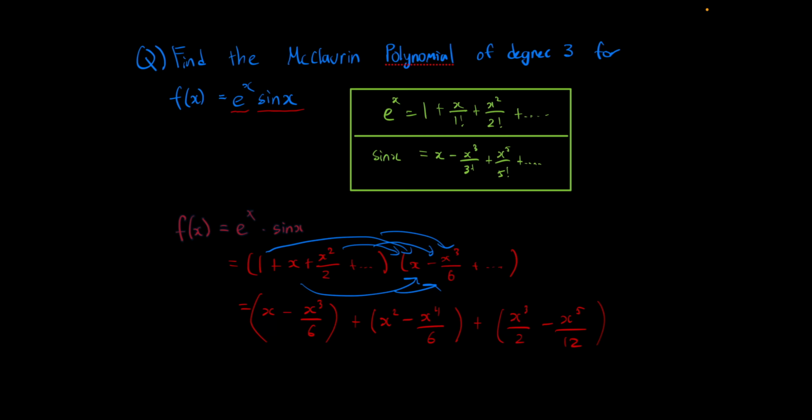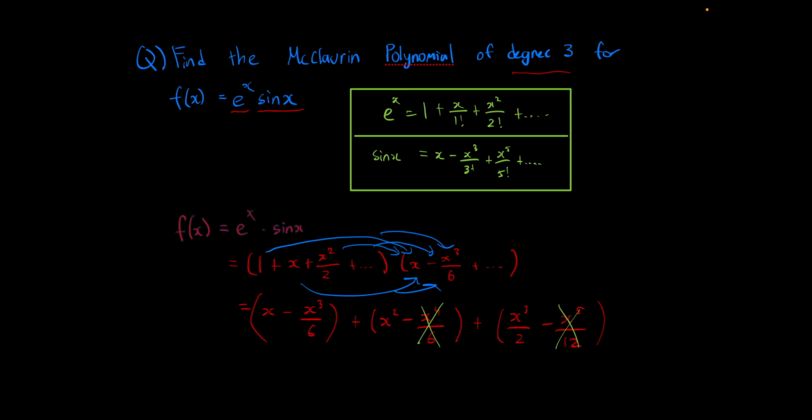Now, like I said in the last video, if the question asks for up to a specific degree, in this case degree 3, we shouldn't care about any other terms that exceed this. So that means we can confidently not include x to the 4 or this x to the 5 in our answer.